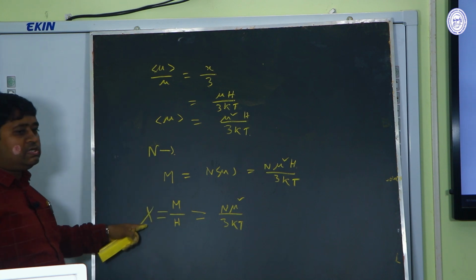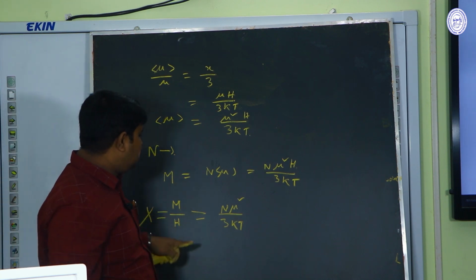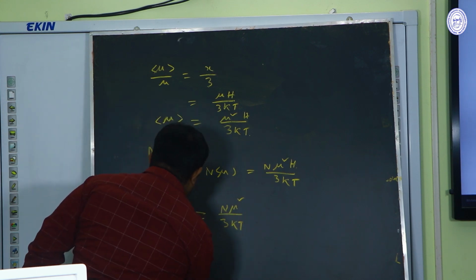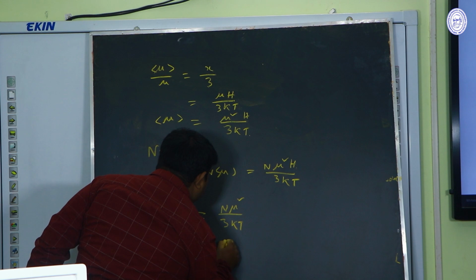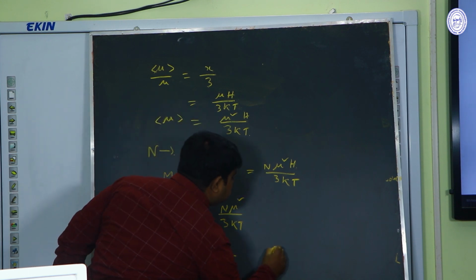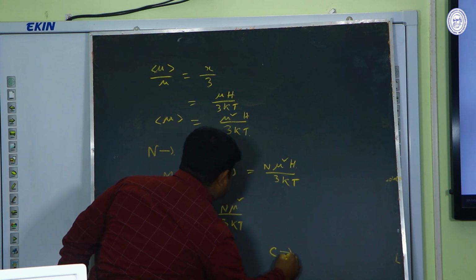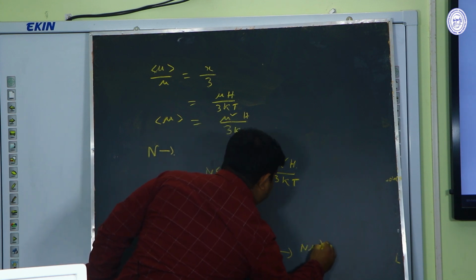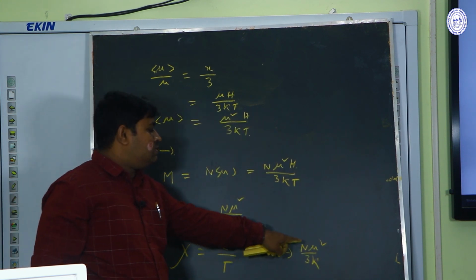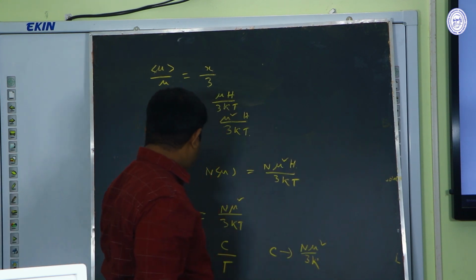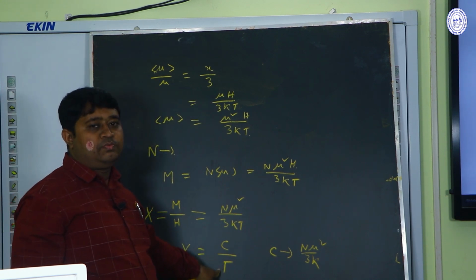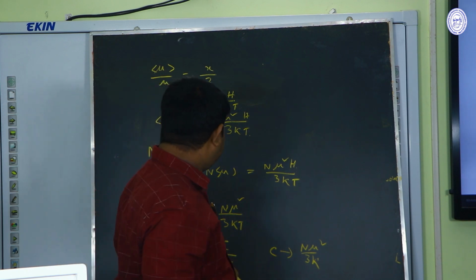So the susceptibility of a paramagnetic substance is equal to n mu square by 3kT, or susceptibility chi is equal to C by T, where C is equal to n mu square by 3k. This is called the Curie constant. So the susceptibility of a paramagnetic substance is inversely proportional to absolute temperature.